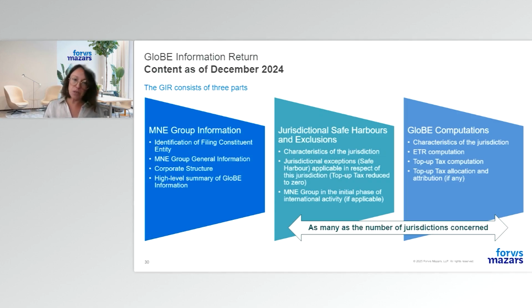The GloBE computation part is, I think, the most comprehensive one, because it details all the GloBE income, covered tax, adjustments, allocation between jurisdictions and entities, and the elections made, the jurisdictional and by-entity elections.